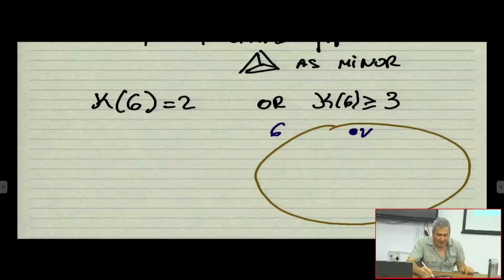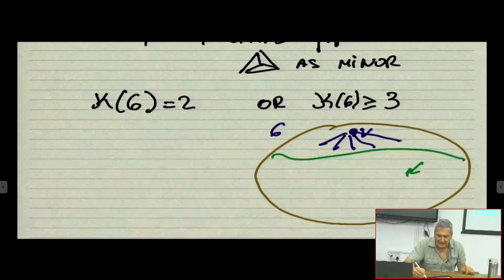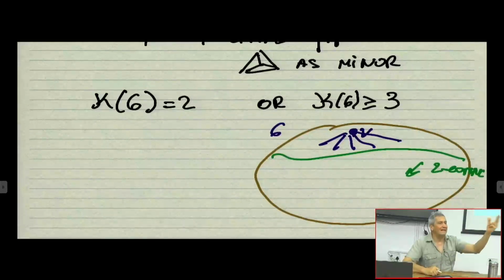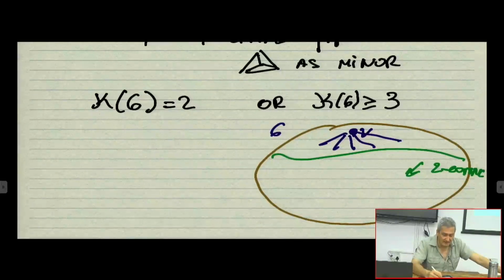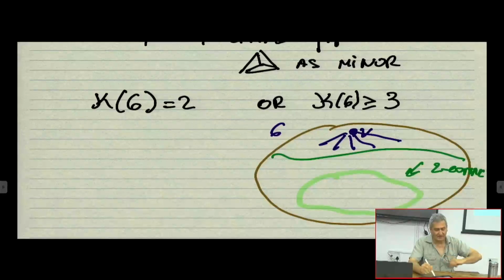So when we remove this, we have a 2-connected graph. Every 2-connected graph has a cycle. So we take a cycle. Okay. Now go back. We have v and a disjoint cycle.